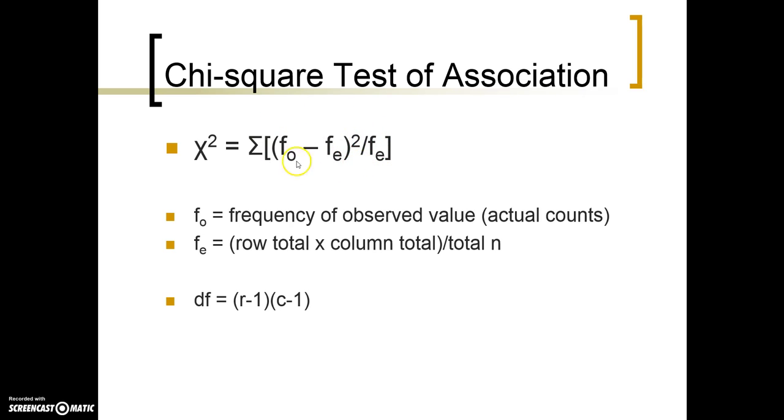So we're going to do this for every single cell, and then add them all up, and that gives us our chi-square. Degrees of freedom for a chi-square is a little bit different. So we have rows minus 1 times columns minus 1. So that's just adding up how many rows were there, how many columns were there.